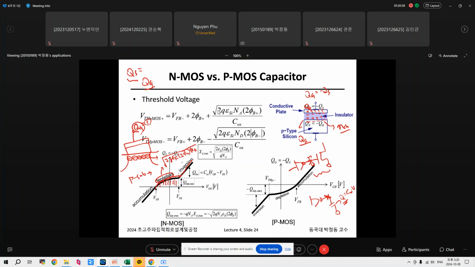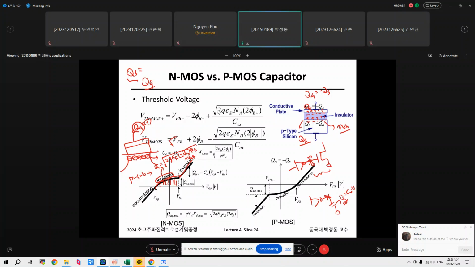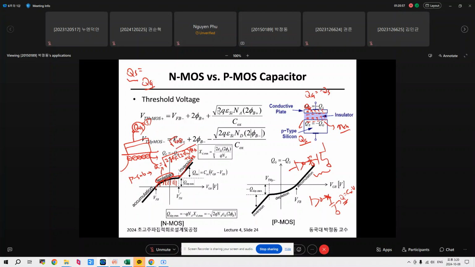This is this charge Q. Okay, so as VGB increases, this is proportional to the square root of VGB. So it's looking like this. Once inversion happens, then the charge is directly proportional to VGB minus V threshold, like this.